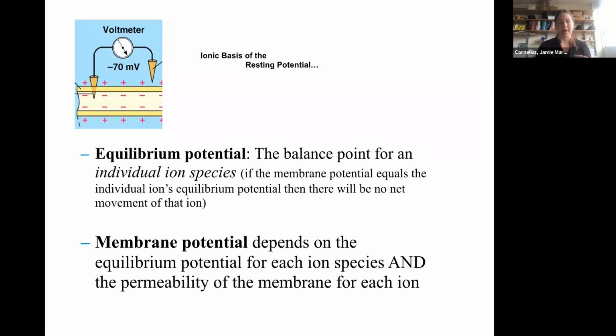It means that you have satisfied the chemical and electrical gradient for that ion. The membrane potential depends on all of the different equilibrium potentials for any of the ions that have permeability across the membrane. Again, we're about to go over all of this.